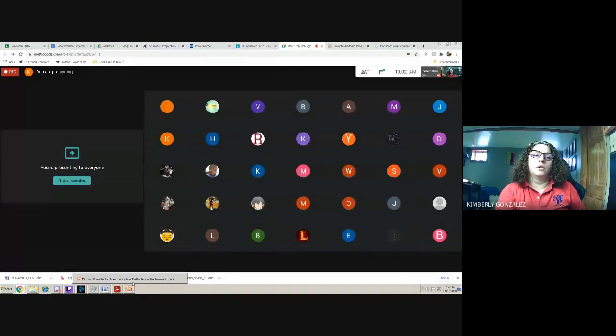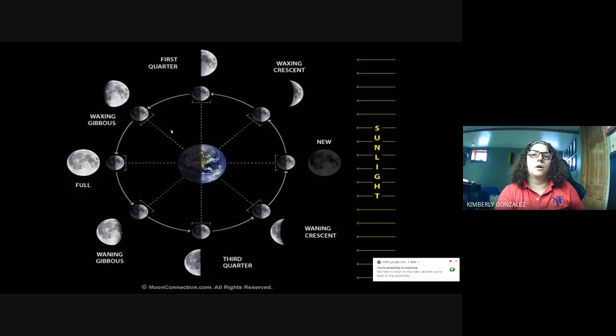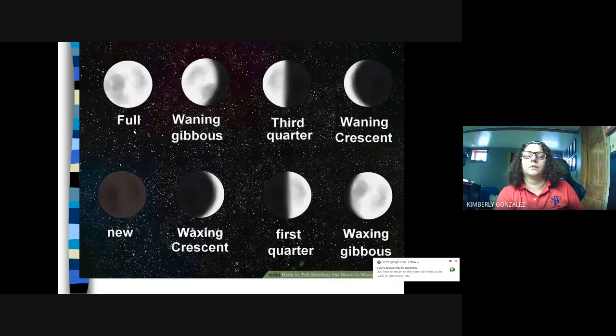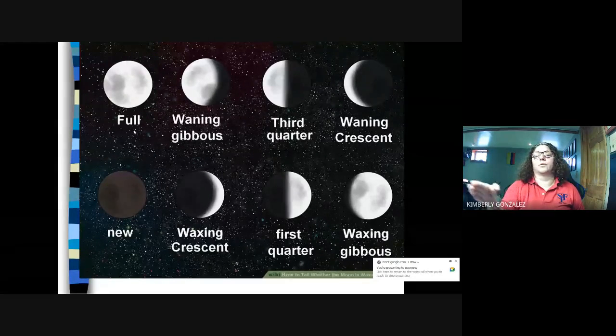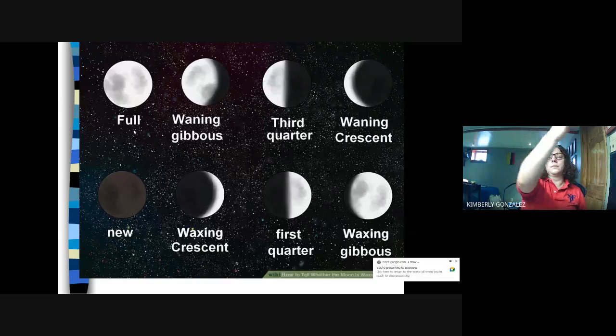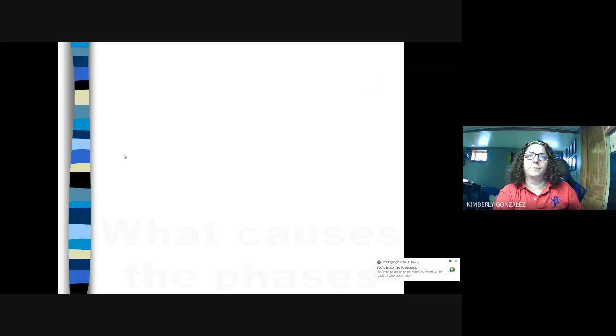So, the moon phases, all right, so here it is basically figured out, right? If you start at the new, you go to waxing crescent, first quarter, waxing gibbous, waning third. So make sure you understand that this picture is backwards. It starts in the bottom at the new phase and then works its way up in a circular fashion, okay?